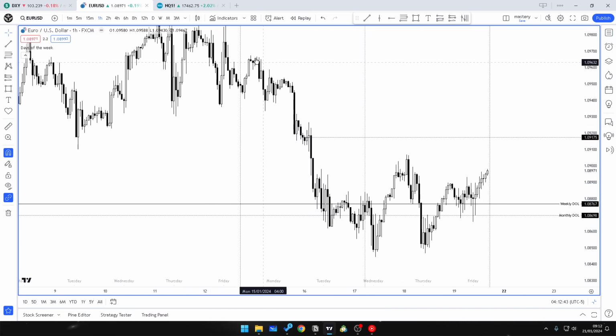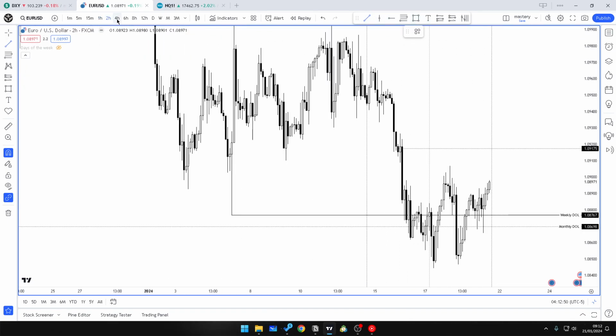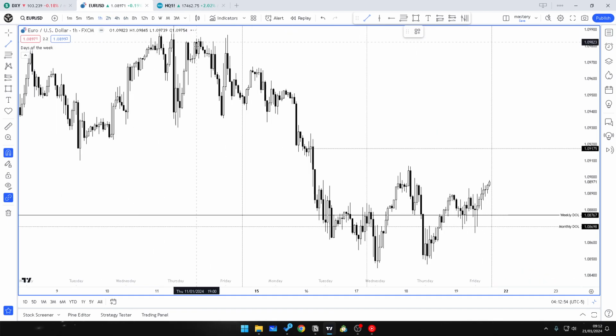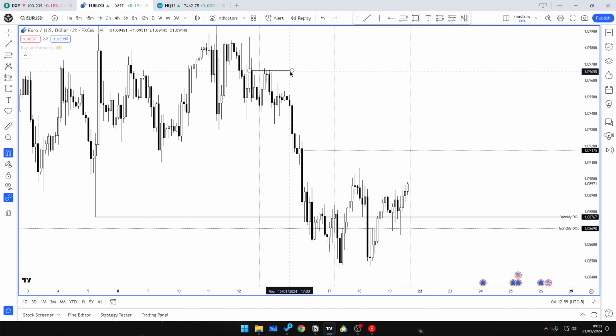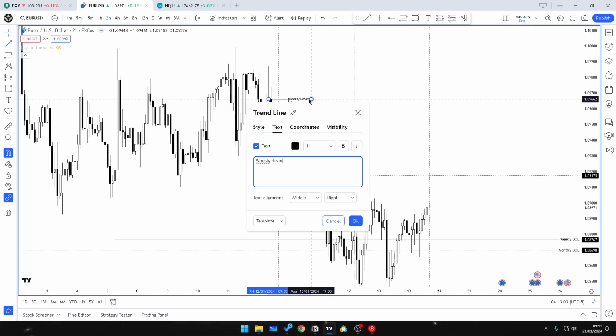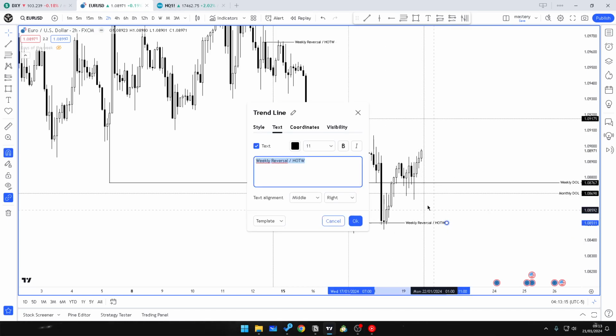Then after Tuesday, so Monday, high of the week, with this reversal point, which is a rejection block. Weekly reversal, high of the week. And then we had this weekly reversal, low of the week.